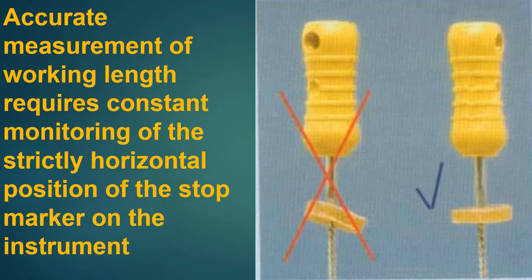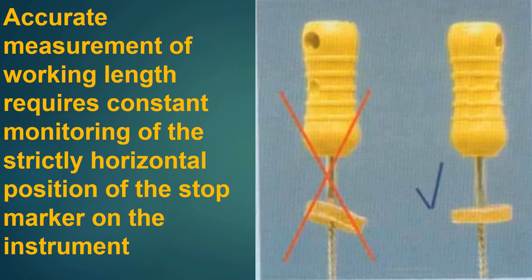Accurate measurement of working length requires constant monitoring of the strictly horizontal position of the stop marker on the instrument.